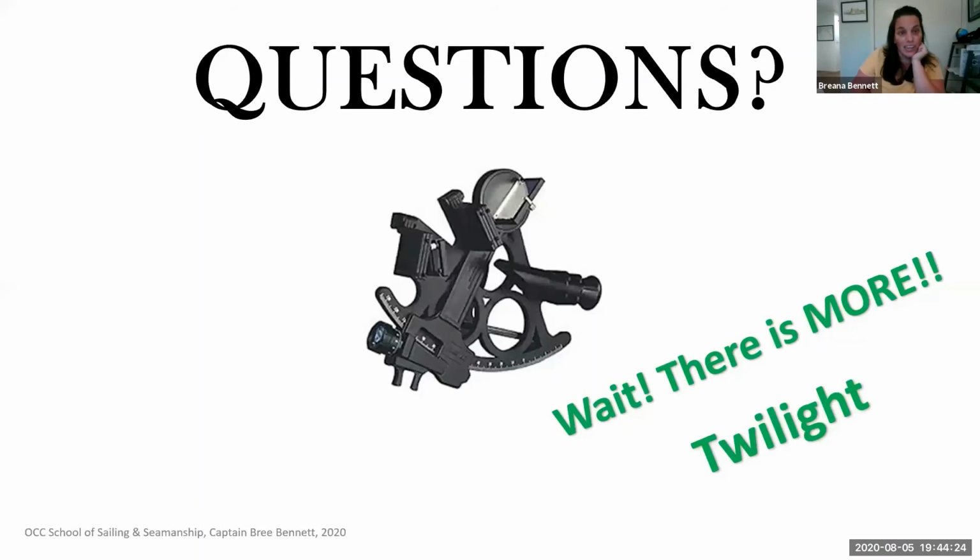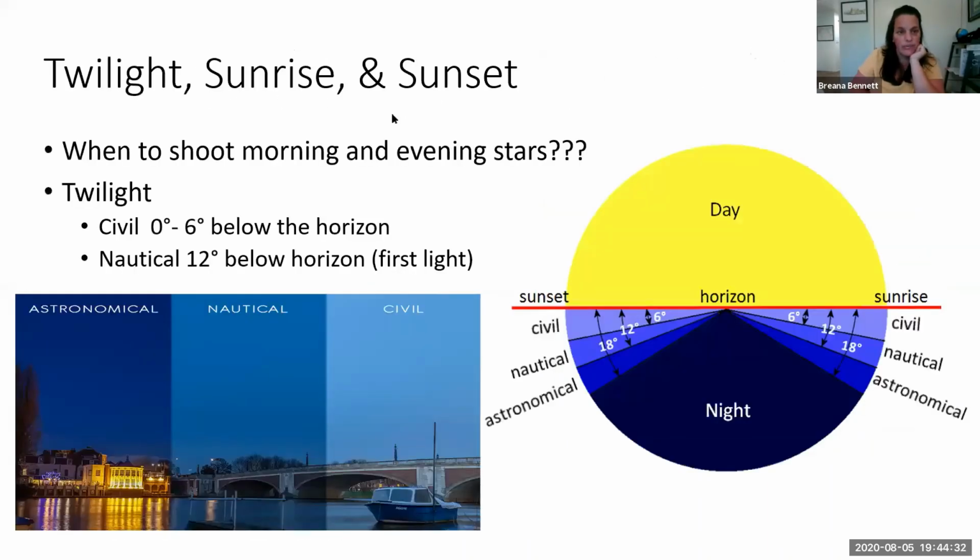Okay, now we're going to do a quick little twilight, and then we're going to do some practice problems. So when do we shoot the stars? In our daily pages, we have nautical twilight, civil twilight, and sunrise or sunset. So when does all of this happen, and what does that mean?